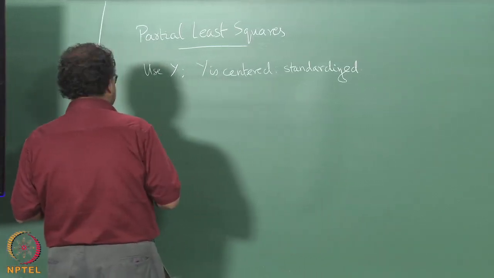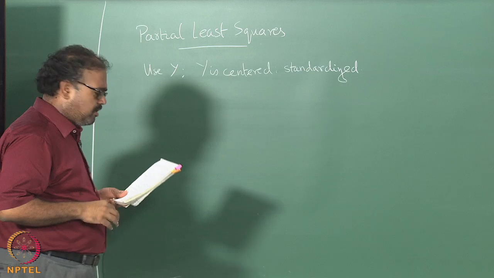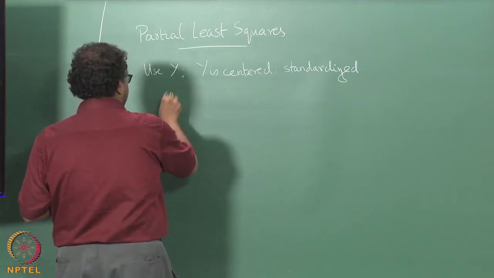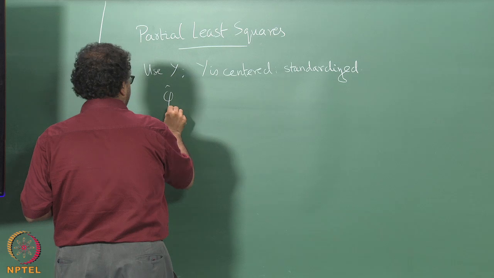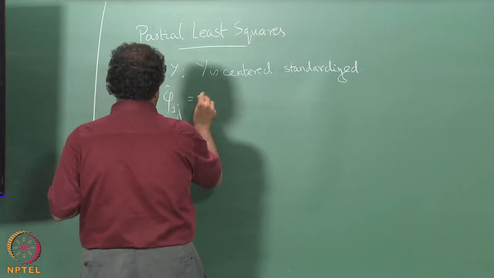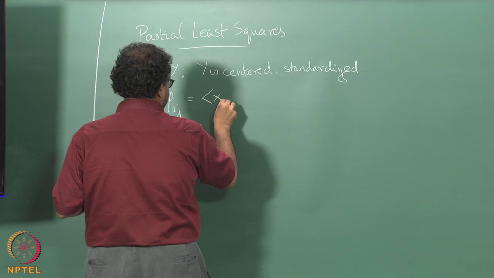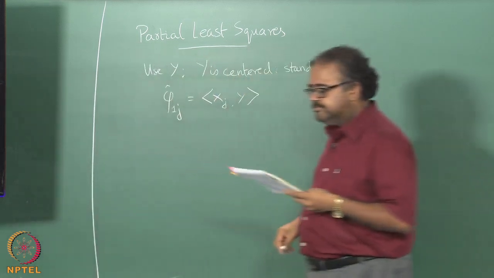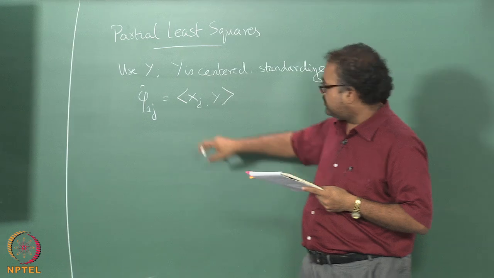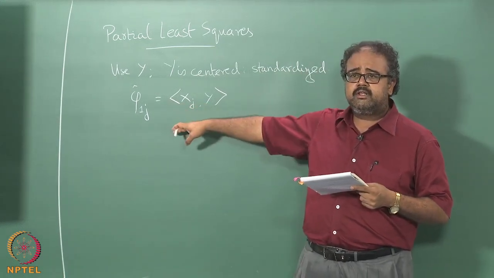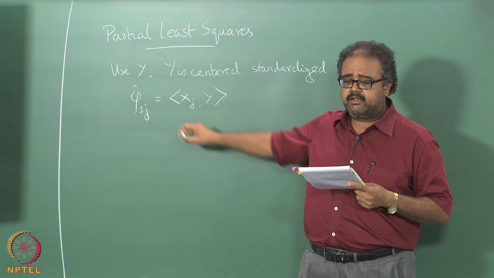So what I am going to do is the following. If you remember how we did orthogonalization earlier, something very similar. So I am going to look at the projection of y on xj, right.